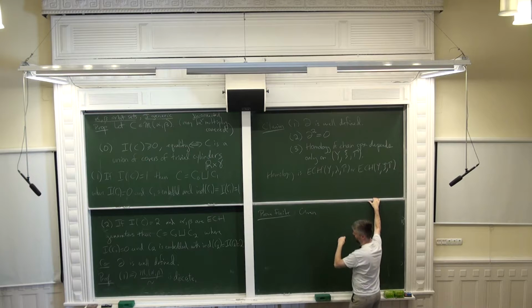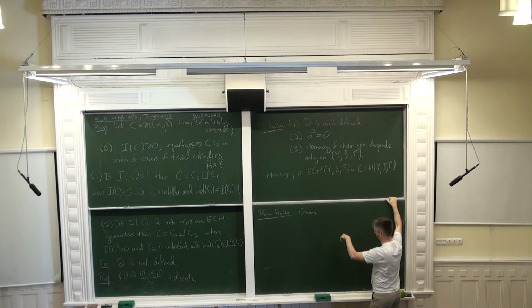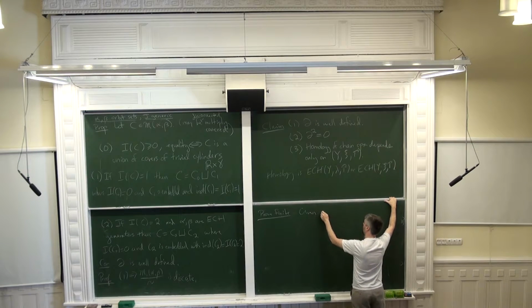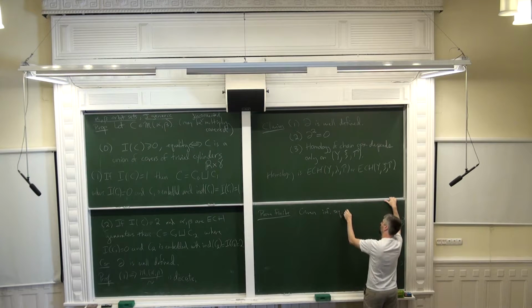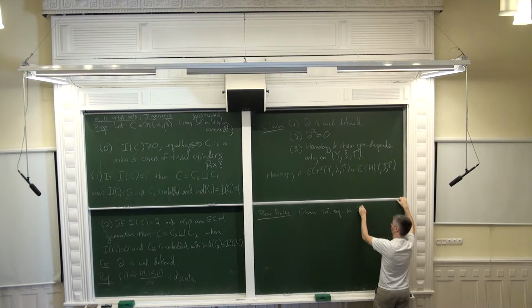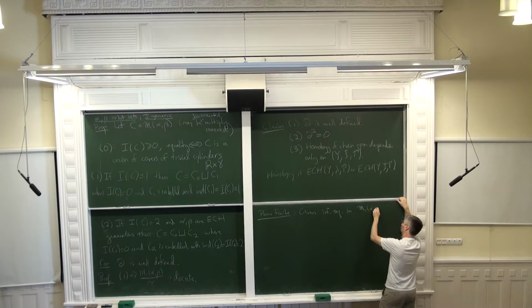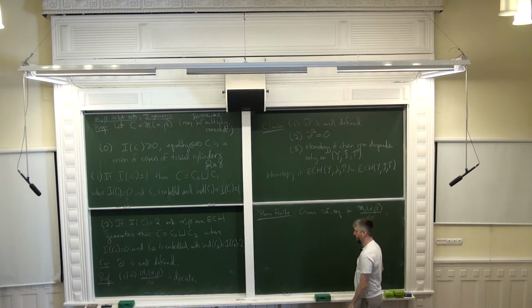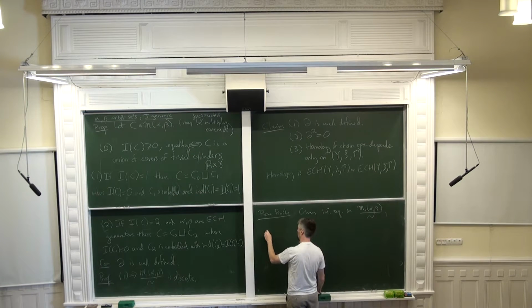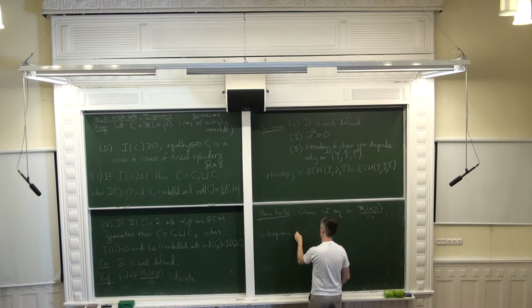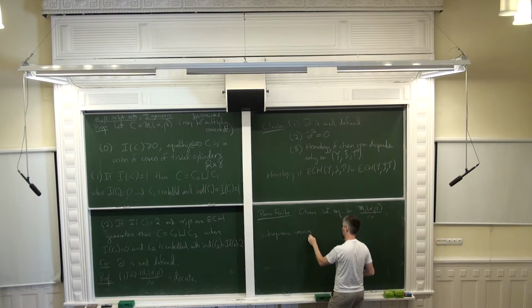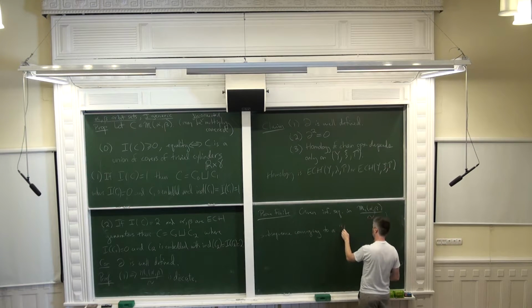I know I can't explain the whole thing for this, but I'll give you the basic idea. Given an infinite sequence in this set, we could find a subsequence converging to a broken curve.